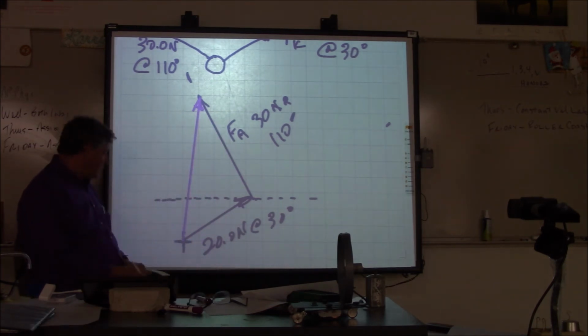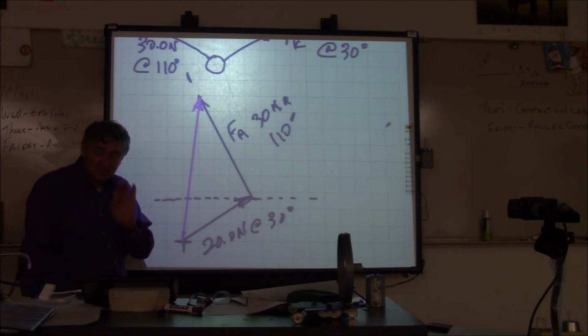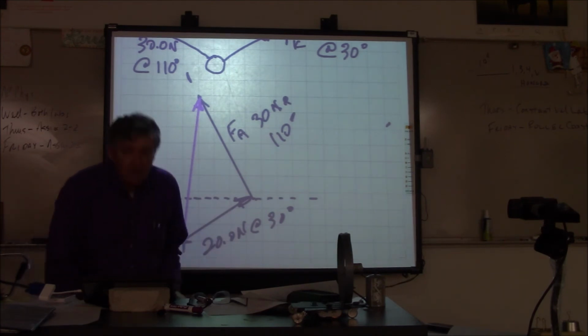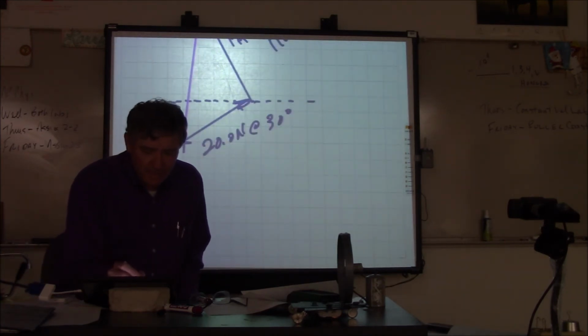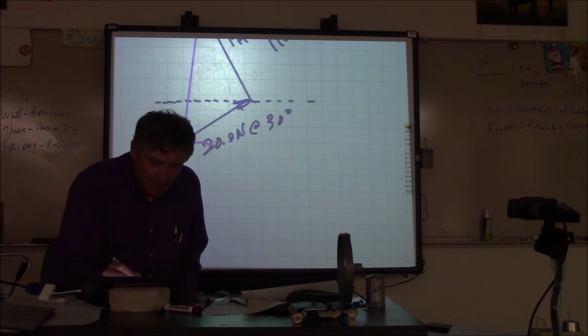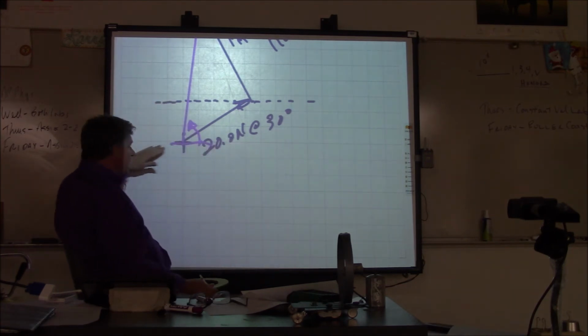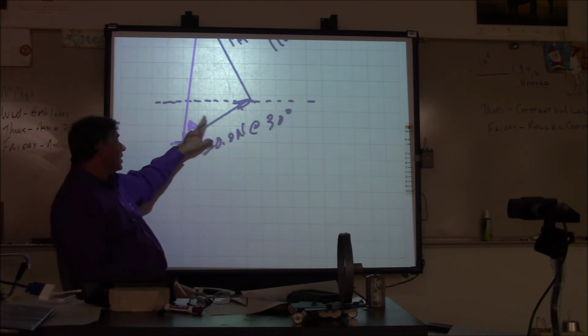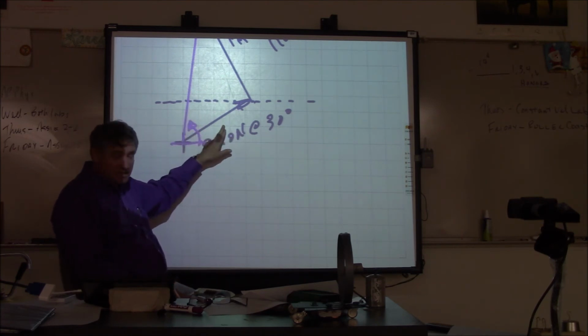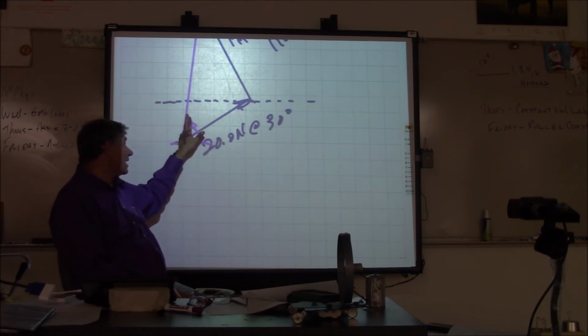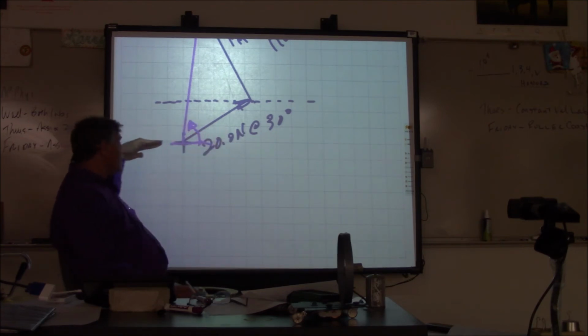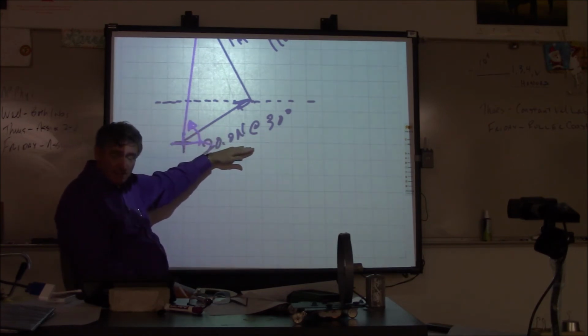The angle though, now listen to me. When you measure that angle, it has to be from this initial positive x-axis. I don't want this angle in here. This isn't the angle that I want. What I want is from that initial positive x-axis.